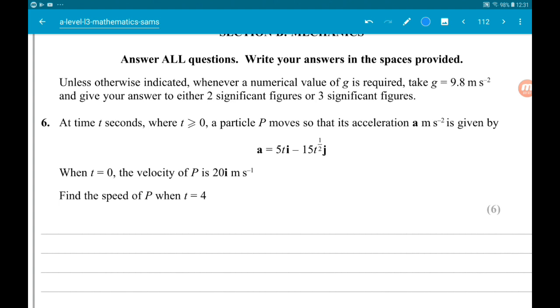We want to find the speed of P when t is 4. Okay, so speed is the size of the velocity vector. So it's the magnitude of v.